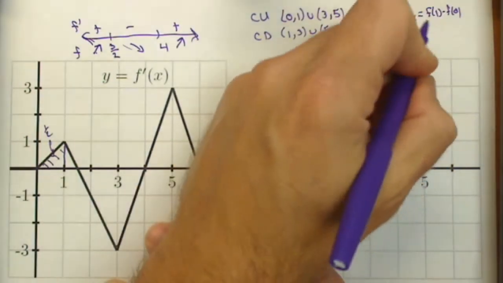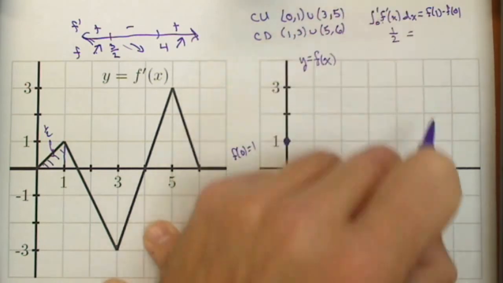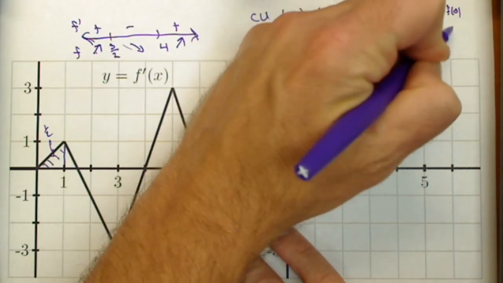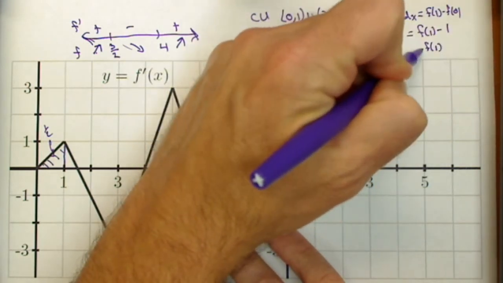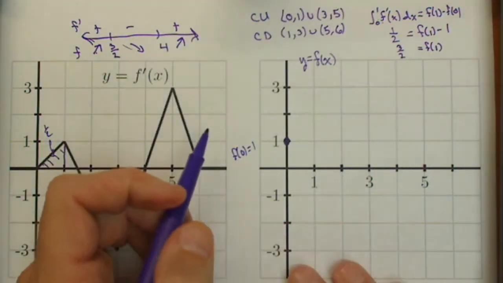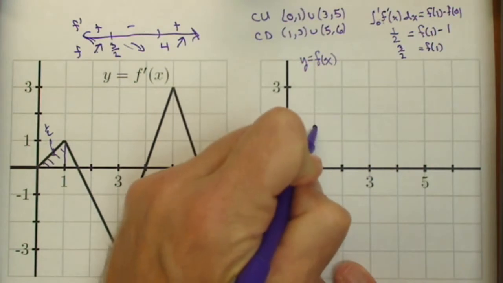So this has to equal 1/2. We're looking for f of 1, and we know f of 0 is equal to 1 because we were given it. So f of 1 equals 3/2, or 1.5, which gives us a point that we can plot.